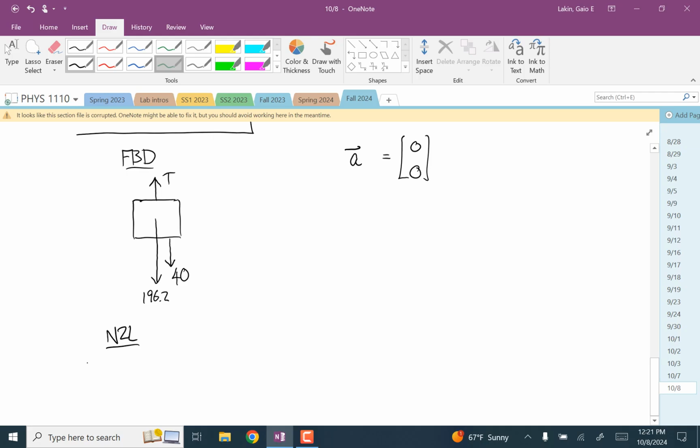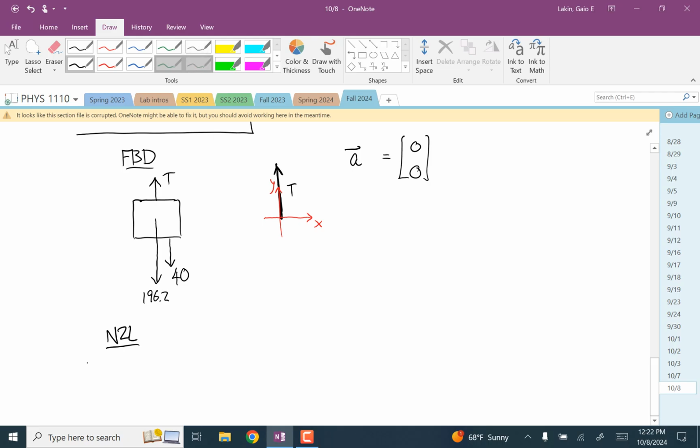That force T, what's that as a vector? What are the components of that force T, if I'm using the usual coordinate system like this? If it helps, you can always write it down with the tail at the origin and figure out what the coordinates of the head would be.